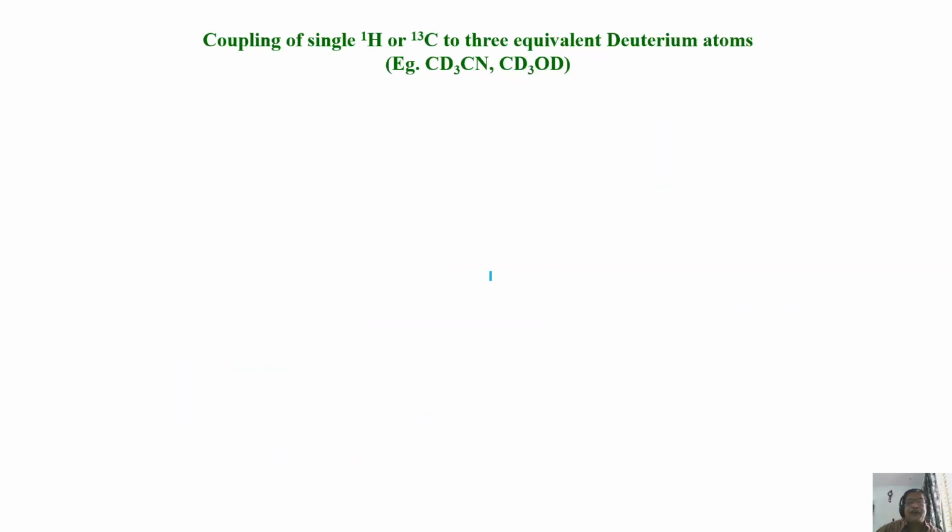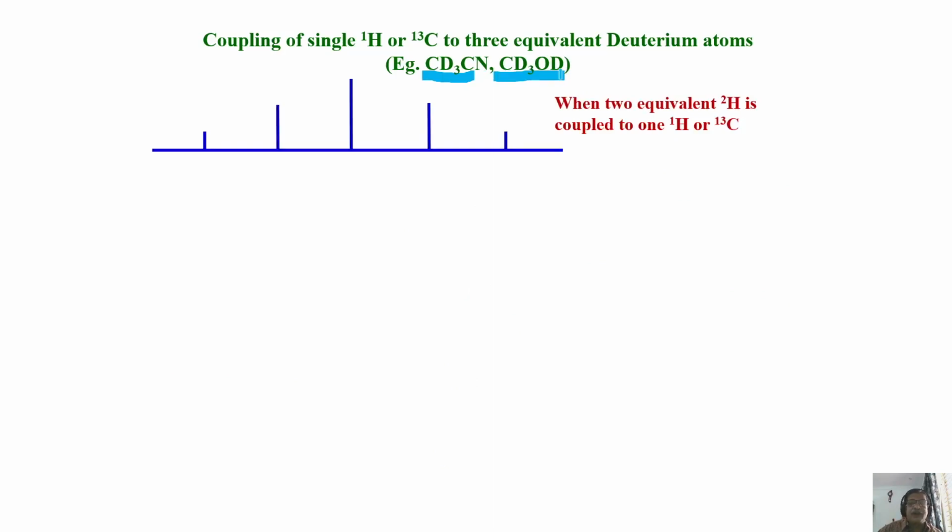Okay. Now the example of CD3CN or CD3OD. Let us see. When two equivalent 2H are coupled to one proton or 13C, we already got this 1, 2, 3, 2, 1 intensity. Now I am bringing in a third deuterium. What will happen when I bring in the third deuterium?